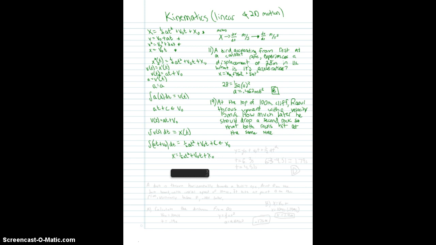For this, we're going to use the same equation that we used in the last problem, just a different letter. y equals y sub o plus v sub o t plus 1/2 at squared. First we're going to solve for the rock that Raul throws with an initial velocity of 15 meters per second. For the sake of time, I'm going to skip the algebra, and we know that the time it takes for Raul's rock to hit the ground is 6.3 seconds.